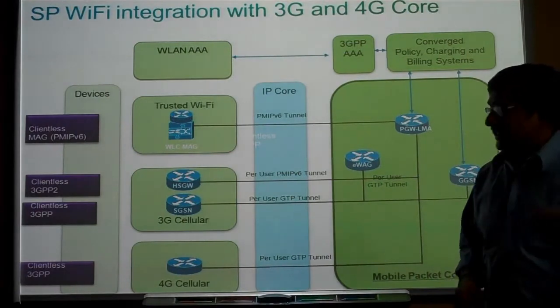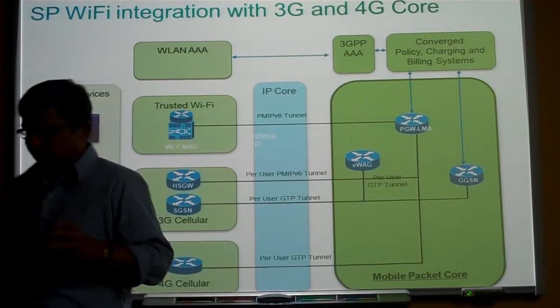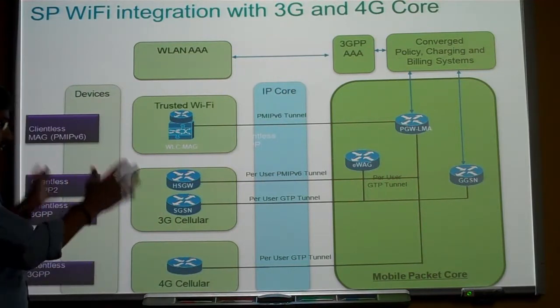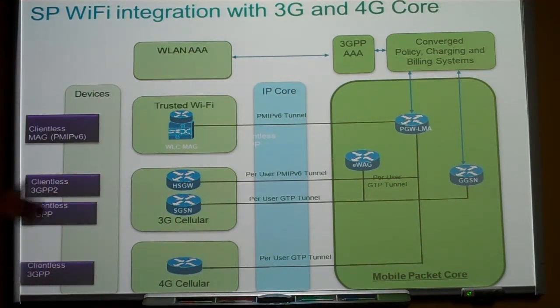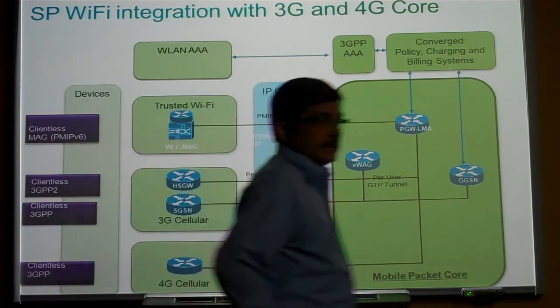So let's take a typical look at a bird's eye view of how this solution works. On the left hand side, these are the devices. It could be the Wi-Fi client device, and these are 3GPP clients.